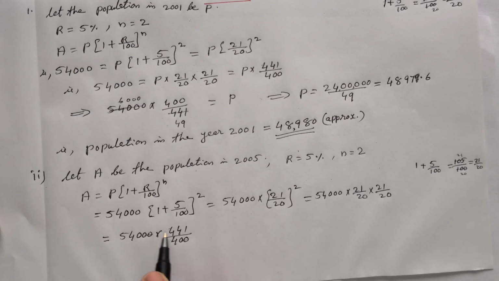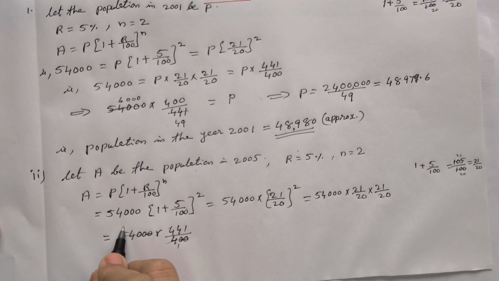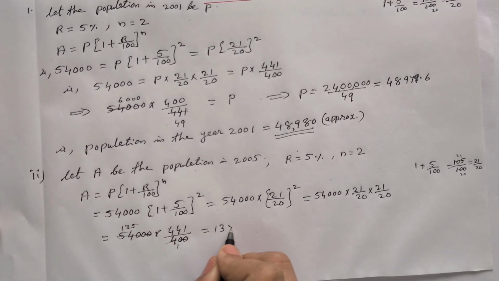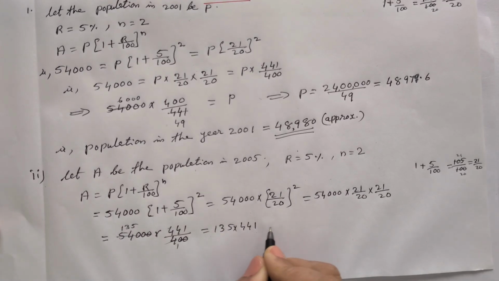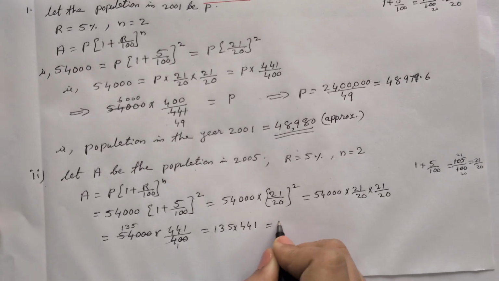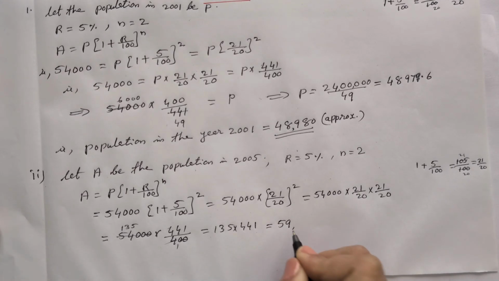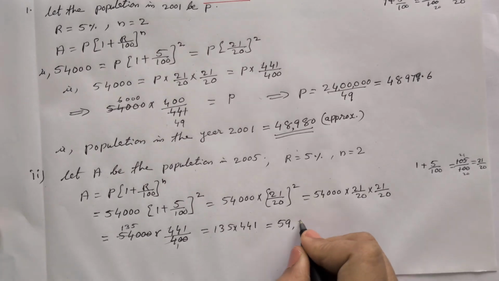So 54,000 into 441 by 400, we can cancel, divide by 100, 2 zeros can cancel. Then when we are dividing by 4, here 1 time, here 1 time, 114, 3, 225. So we will get 135 into 441, which is equal to 59,535.